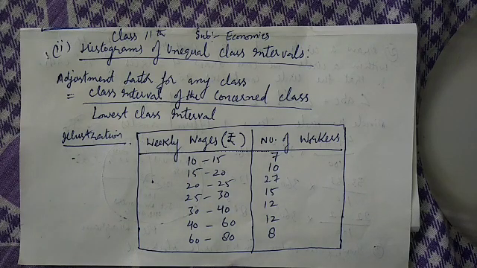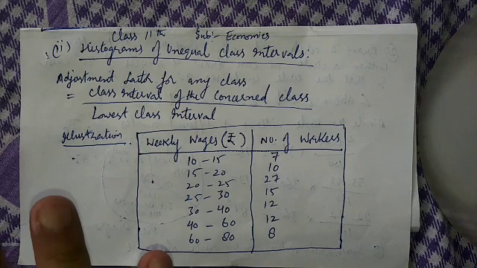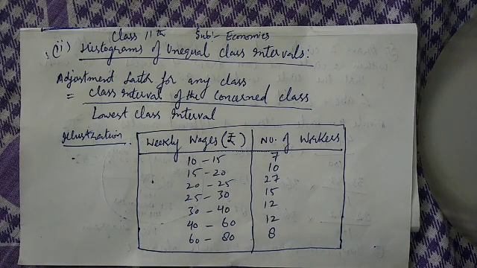Now, to illustrate this, suppose the class with the smallest interval is 5 to 10 and the class with the larger interval is 10 to 20, the frequency of which is 12. Here the class interval of the bigger class is 10, which is twice as much as the class interval of the smallest class, that's 5.